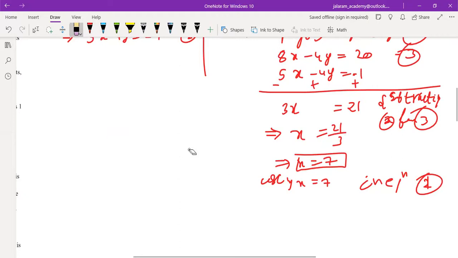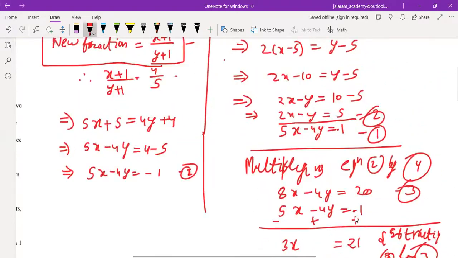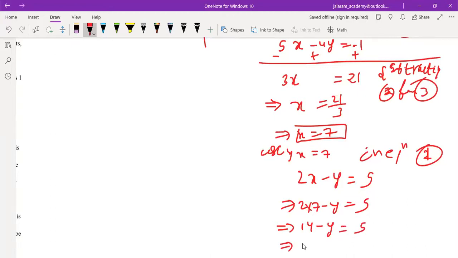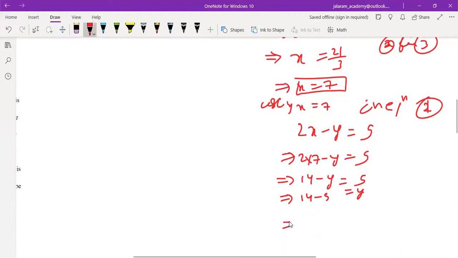So we write 2x minus y equals 5. 2 7s are 14, minus y equals 5. It implies 14 minus 5 equals y. It implies y equals 9.